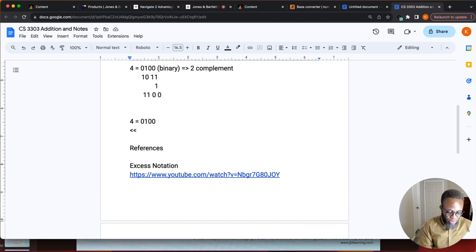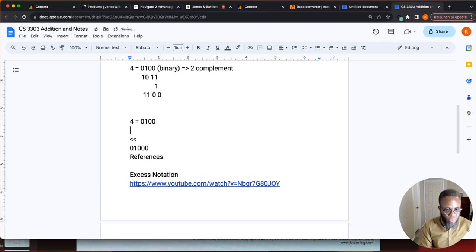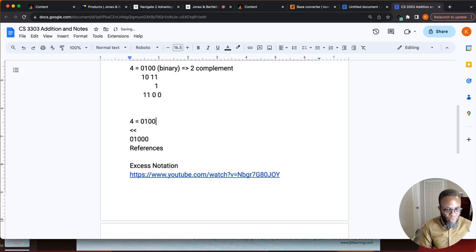So it's going to be 0, 1, 0, 0, 0, because we've moved this whole thing towards the left, right? And when you move all the numbers towards the left, you've created one empty bit, and you just put in a 0 there.